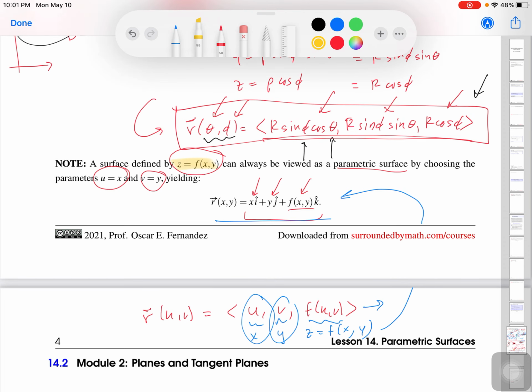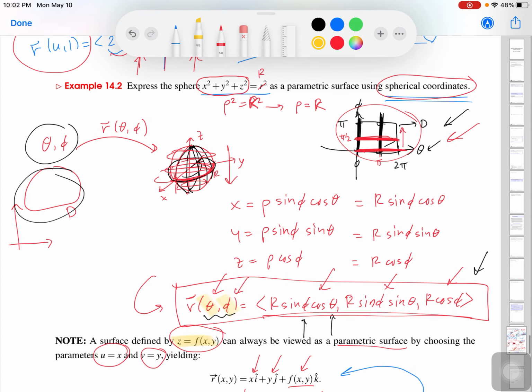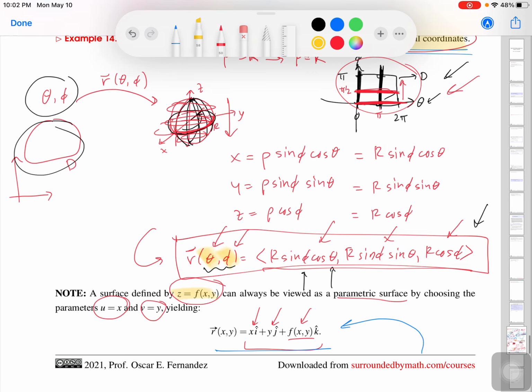So the reason I wanted to point this out is because, as we saw here with the example of the sphere, you are free to choose the parameters involved in your parameterization. It might make sense to parametrize certain surfaces using particular coordinate systems or particular parameters. That certainly made sense here for the sphere to choose theta and phi.